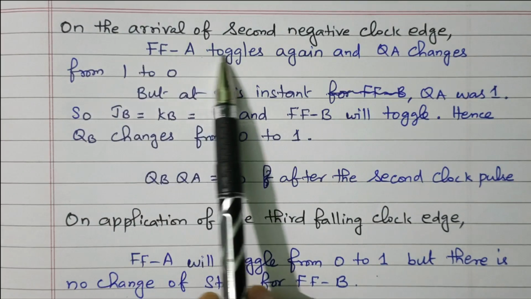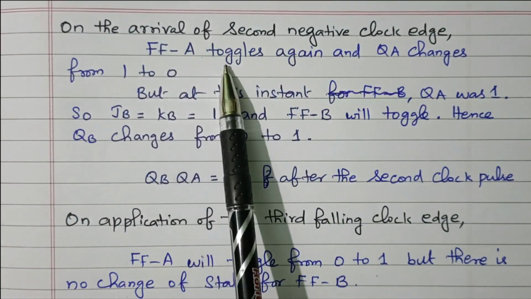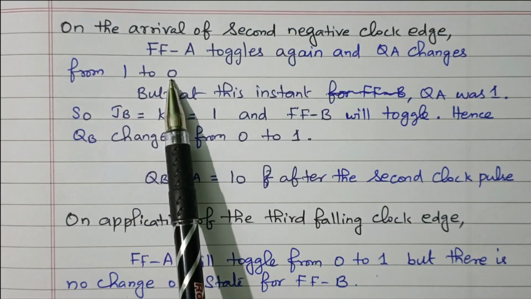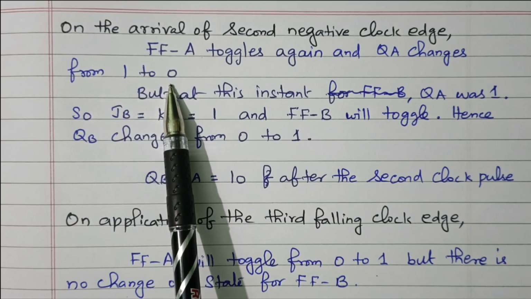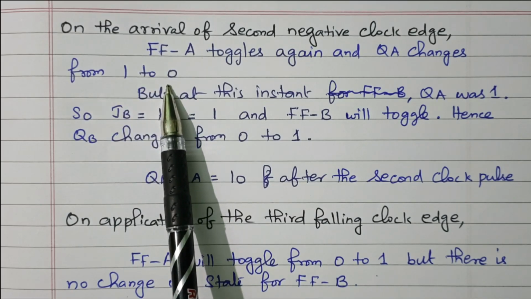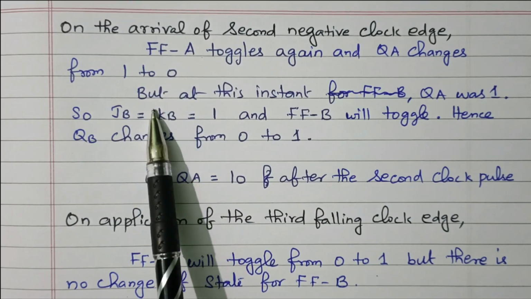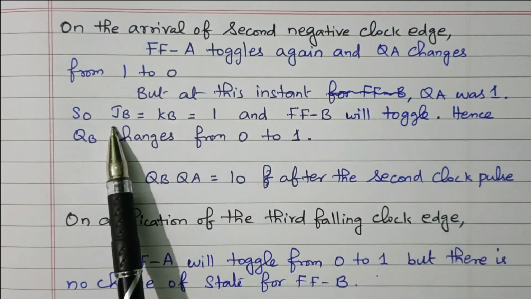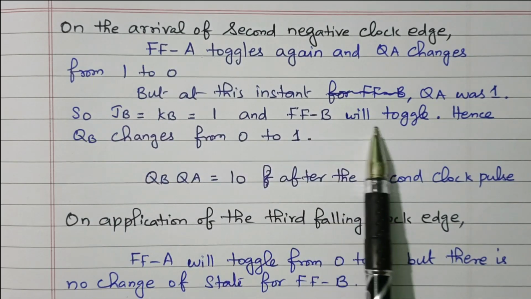So on arrival of the second negative clock edge, flip-flop A toggles again and QA changes from 1 to 0. Initially 0 to 1, now it becomes 1 to 0. This is because of the negative edge. When 0 is applied, it becomes 1. Then there is a change in flip-flop B. But at this instant, QA was 1, so JB KB equal to 1 and flip-flop B will toggle.